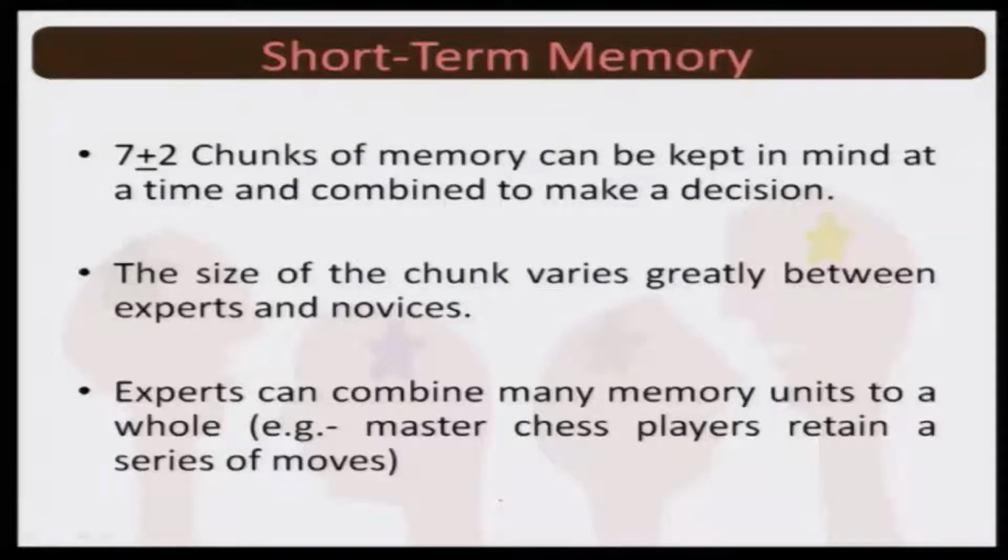So, you need a very good storage system that helps you recollect what step your opponent had taken, in a series, and this will help you anticipate the probable movement of your opponent if you make this type of move. And again, studies show that experts can combine many memory units into a whole if they are masters of that very field, compared to a novice, somebody who is just a beginner.